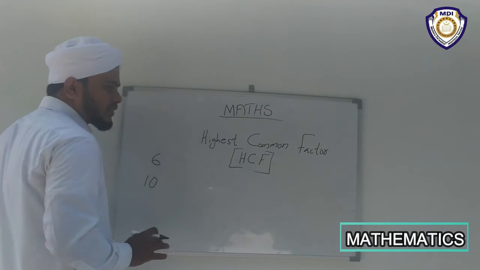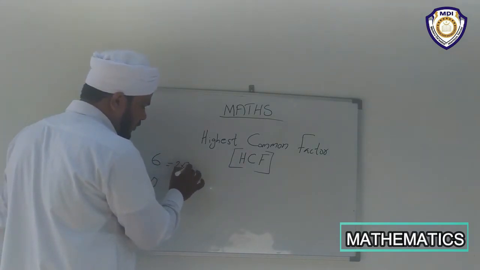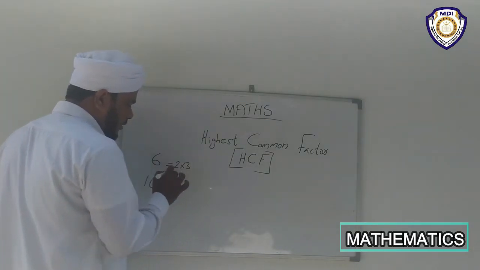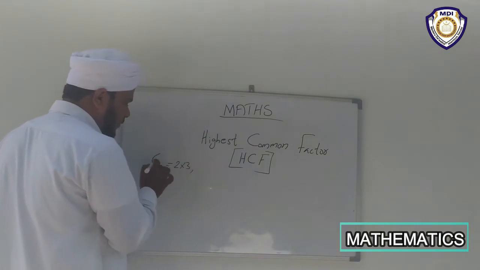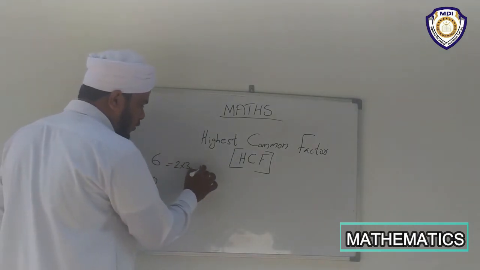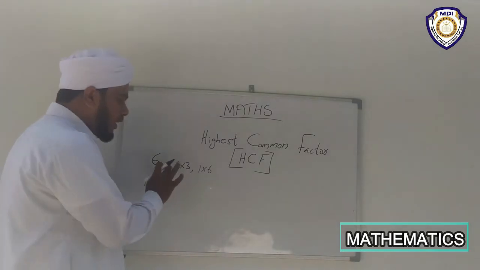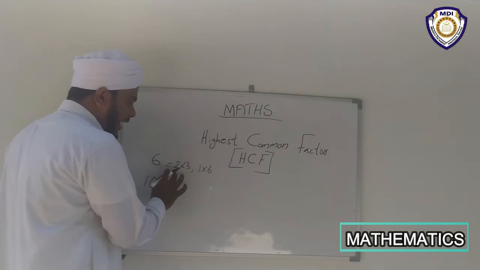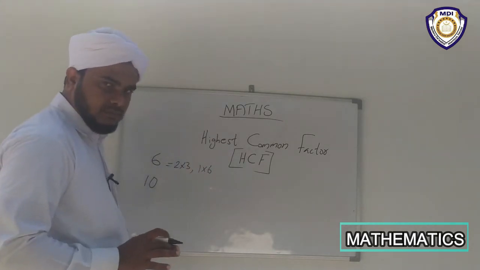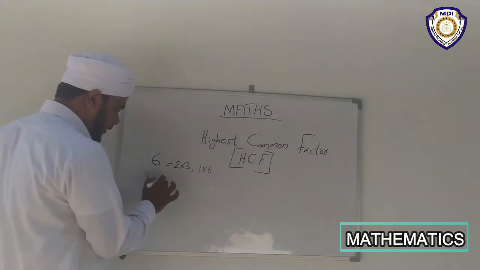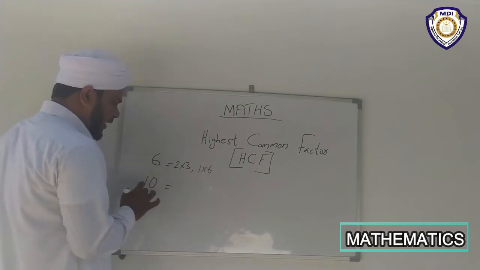Which are the factors of 6? 2 into 3, 2 into 6. Yes, these are the factors. Factors of 6 are 1, 2, 3, 6. Am I correct or not?